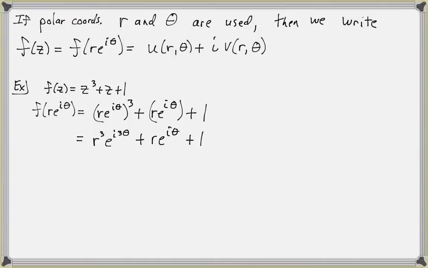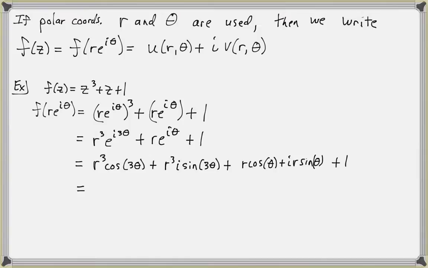Then using Euler's formula for e to the i theta as cosine of theta plus i sine of theta, we can break this up into real and imaginary parts, and r cubed e to the i 3 theta would be r cubed cosine of 3 theta plus r cubed i sine 3 theta. And then r e to the i theta would be r cosine of theta plus i r sine of theta plus the number 1.